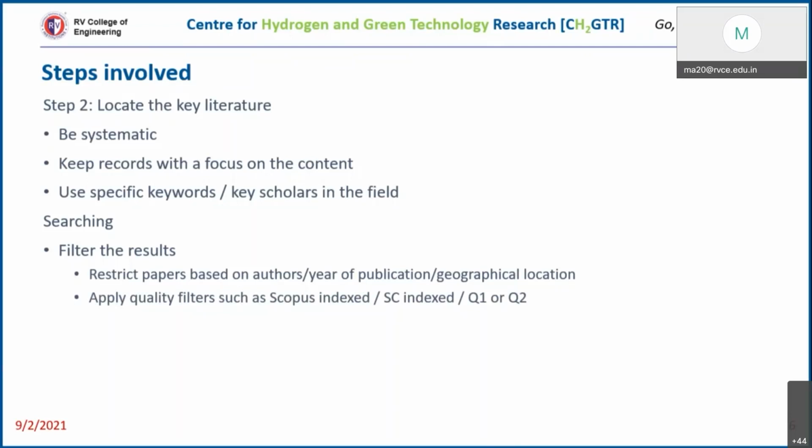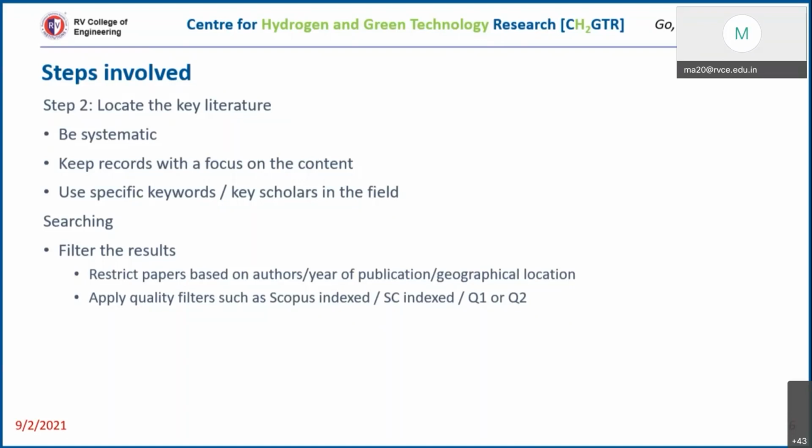If you just do a Google search, there might be publications which are non-peer reviewed, and it could be from other international journals as well, where people just take money and publish the work within no time. So those are known as predatory journals. So it might add very little value to your research. So that is why this is one quality filter which you can restrict yourself to. So that is Scopus indexed journals.